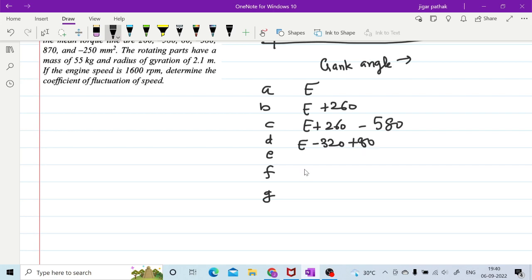So if you keep on going to the final point, then you will find that at point G it is again the same, right? So let us see here.